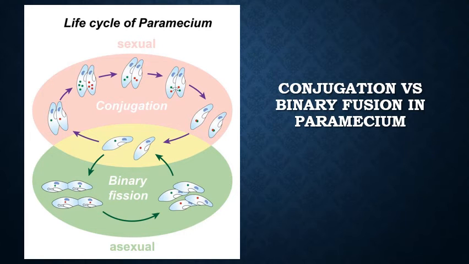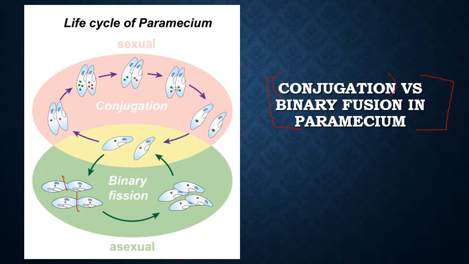Life cycle of Paramecium. This shows the differences between conjugation and binary fission in Paramecium. Paramecium undergoes binary fission when the condition is favorable, meaning they simply split into two individuals. However, during unfavorable conditions, they perform conjugation.